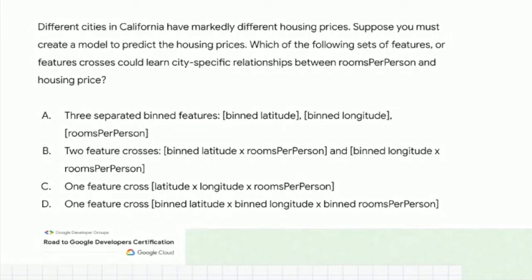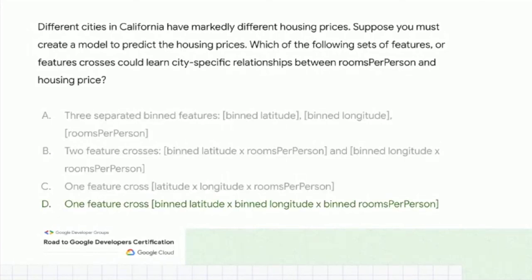So if you can think about a solution. And yes, that's correct. D is the best one because it is the best set of features for that model.